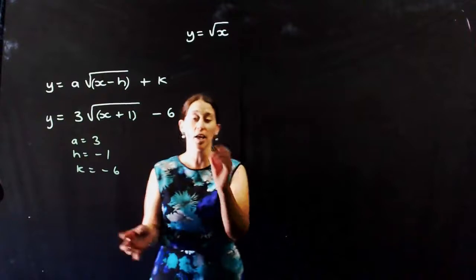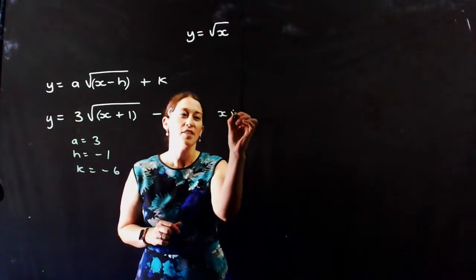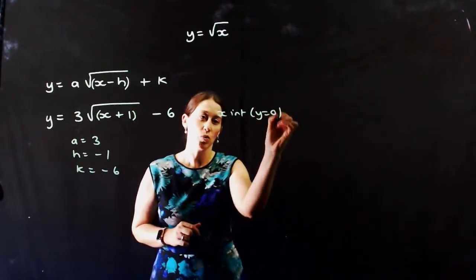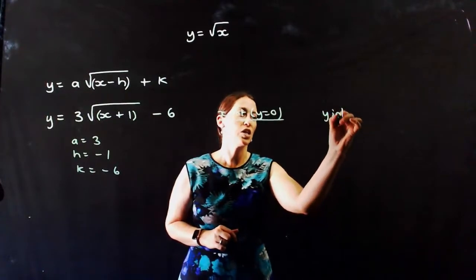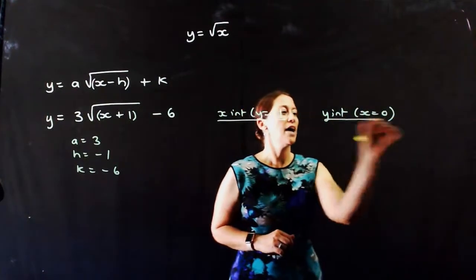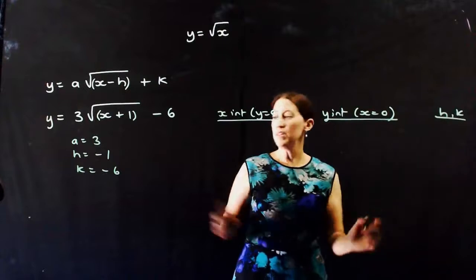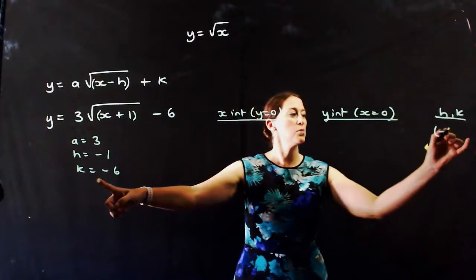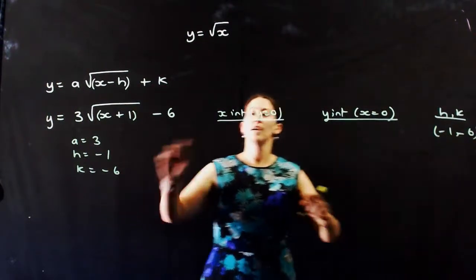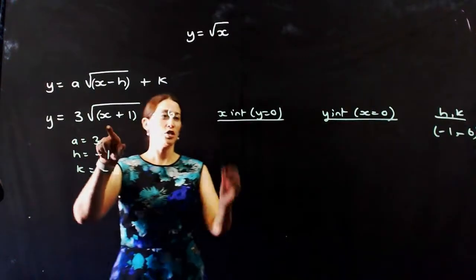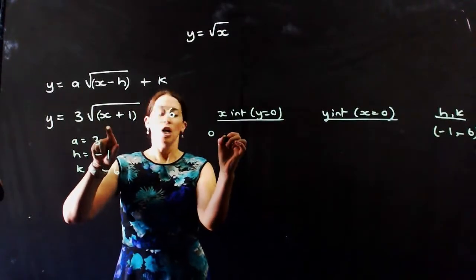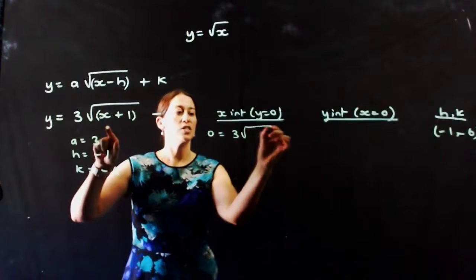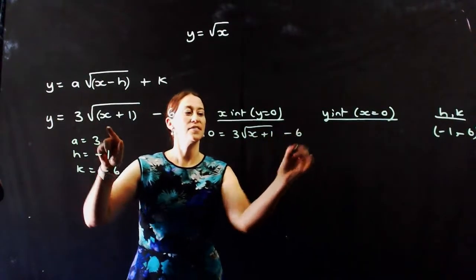Now when we're sketching, we should always have those three headings. The x-intercept occurs when y equals 0. The y-intercept occurs when x equals 0, and then hk. So we can put the hk in straight away: minus 1, minus 6. Let's look at the x-intercept. I'm going to sub in y equals 0. 0 equals 3 times the square root of x plus 1, minus 6.